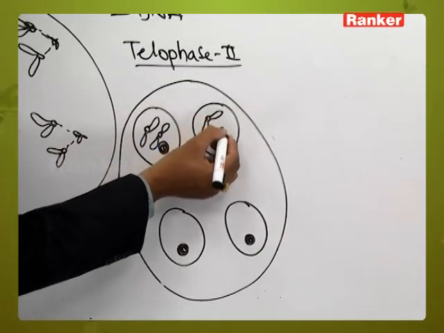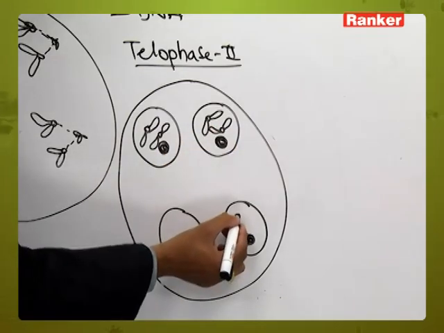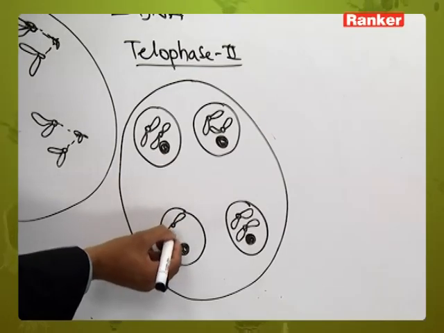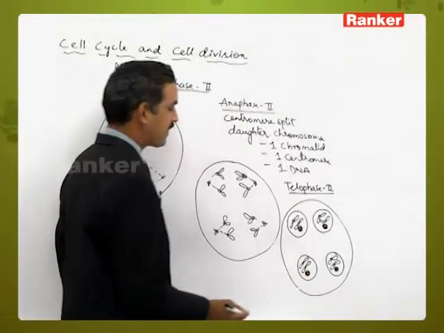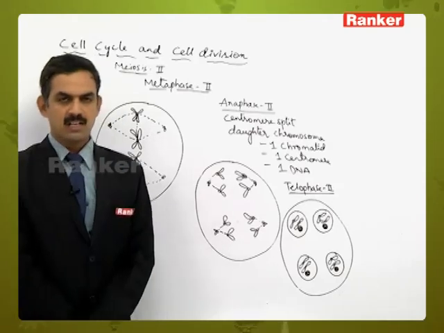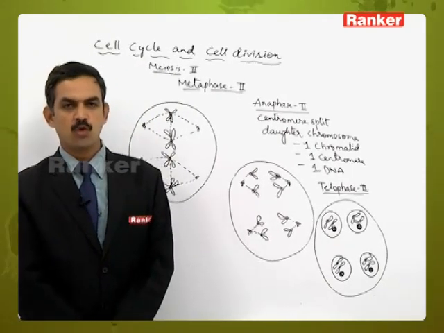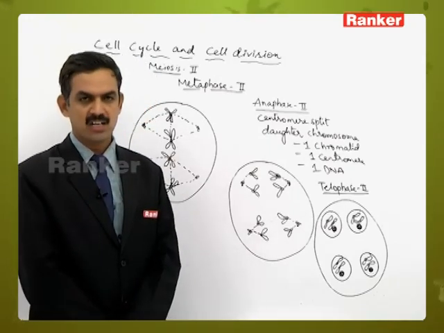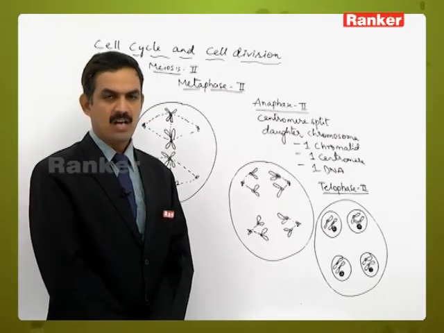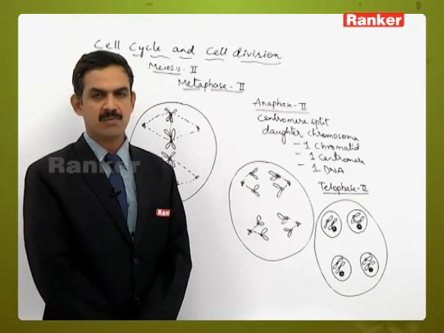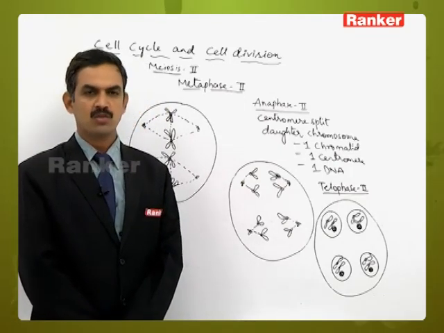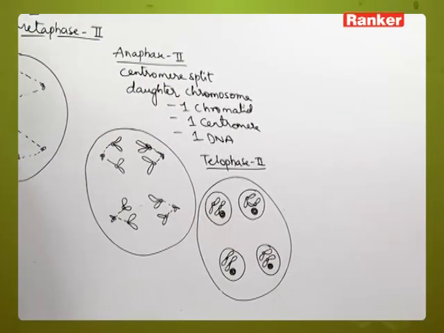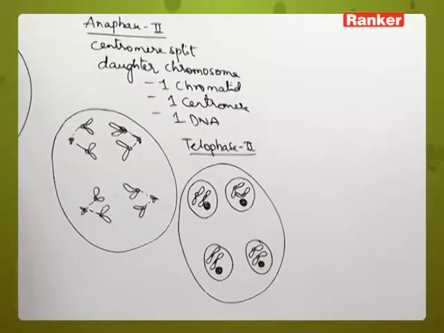So by the end of meiosis 2, 4 daughter nuclei have been formed, but these 4 daughter nuclei are quite different from each other, because the sequence of genes present on the chromosomes is different, and they are structurally, morphologically and genetically quite different from each other. They are not only different from each other, they are different from the parental chromosomal constituent also. So at the end of telophase 2, we can see that 4 daughter nuclei have been formed.